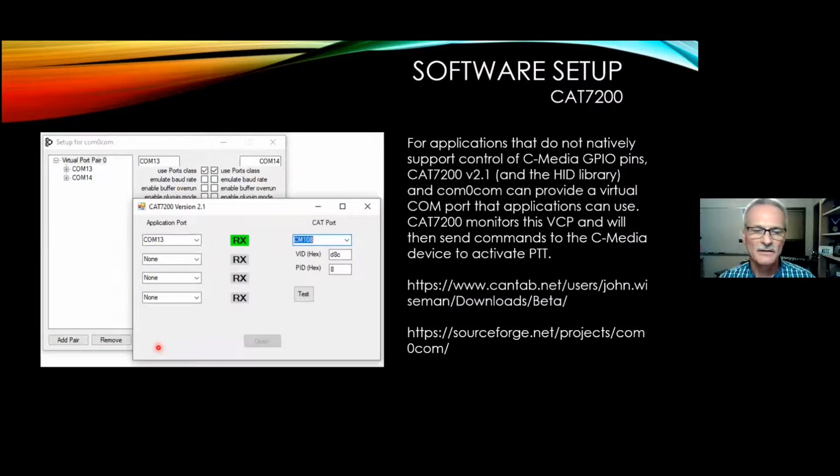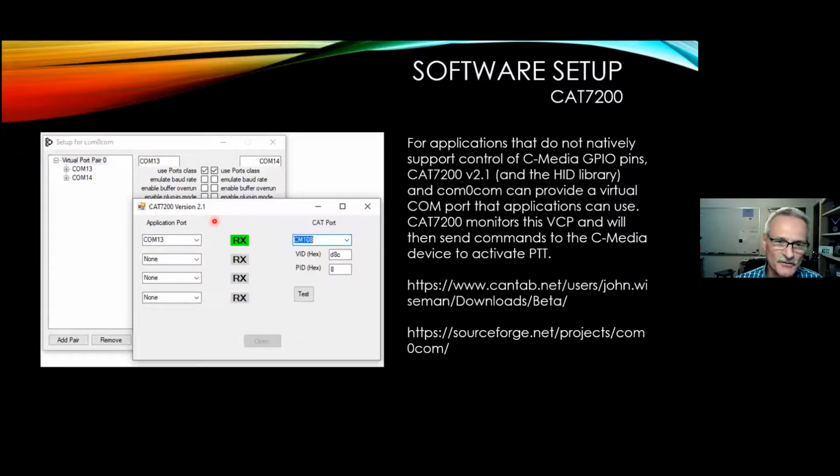Okay, and I bring this up just because if you have software that doesn't recognize the C-Media device, there is still a way to get this to work. This program that John Wiseman wrote, CAT 7200, is no longer named very well because it works for lots of different things.